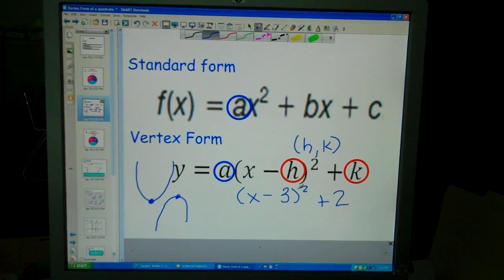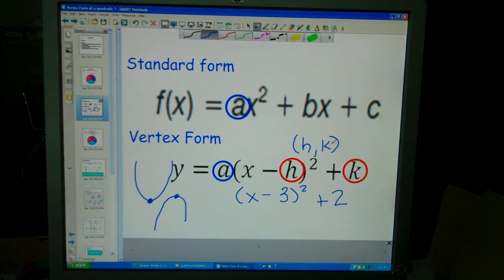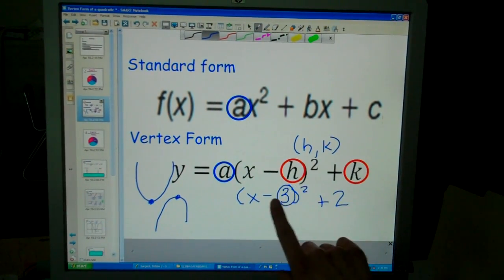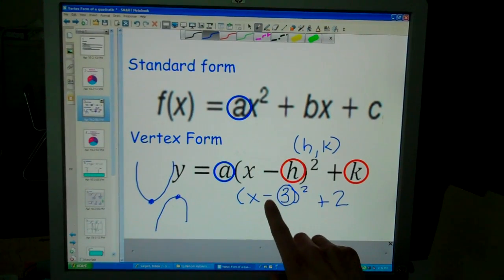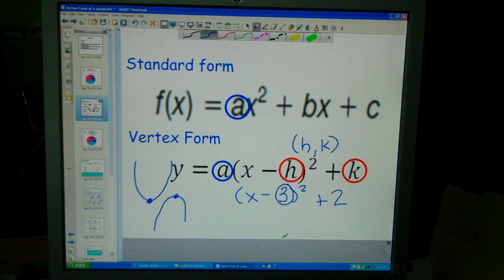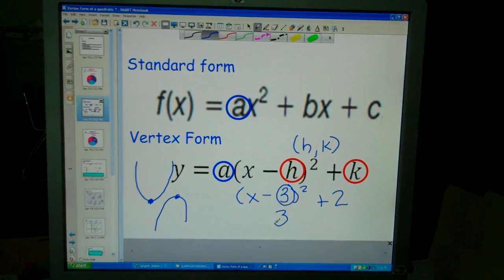So, real quickly, could you tell me what the vertex is if I gave you just these numbers? Well, what's h? You have to be careful because it's always the opposite of the sign. So, I know it says minus 3, but h is just 3. So it's 3, comma, and then what is k?